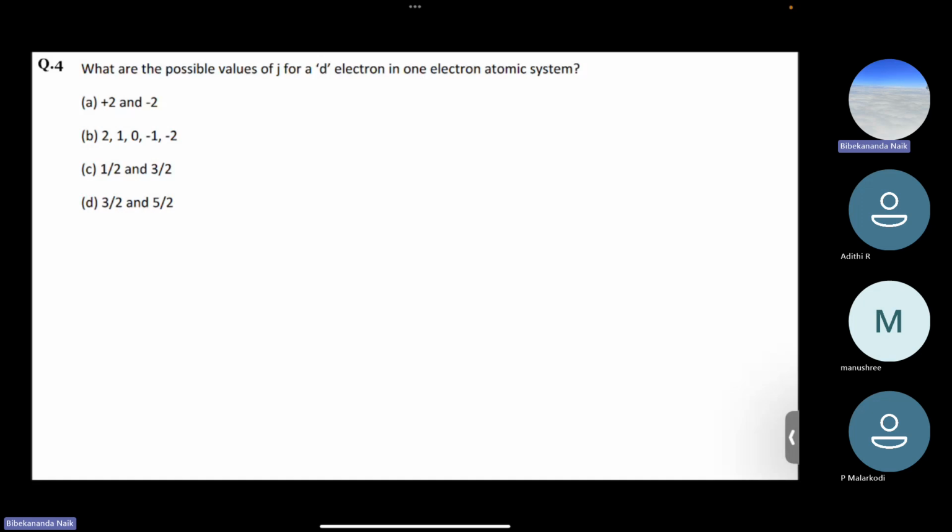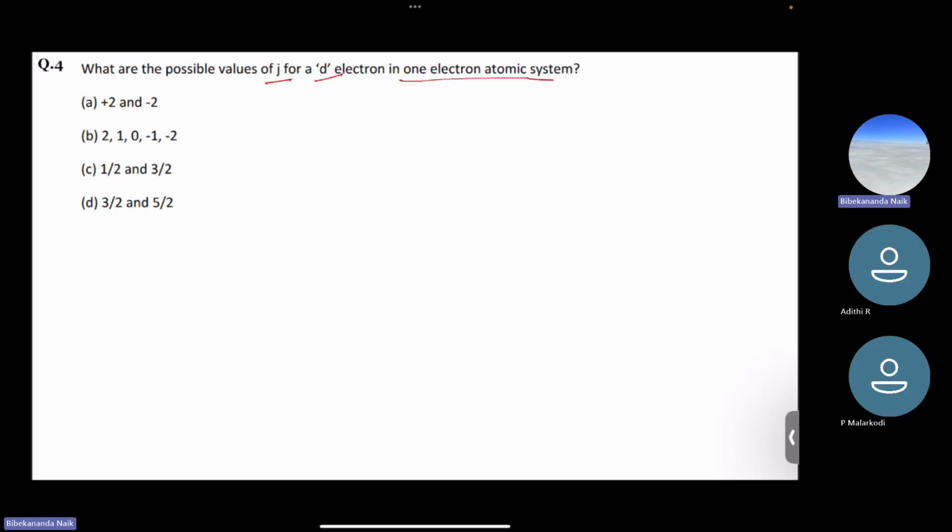Now, the question asks what are the possible values of J for a d electron in a one electron atomic system. Again, this question is related to spin orbit coupling. We have L, the orbital quantum number, and S, the spin quantum number, and corresponding to that we have J. How do we calculate the value of J?